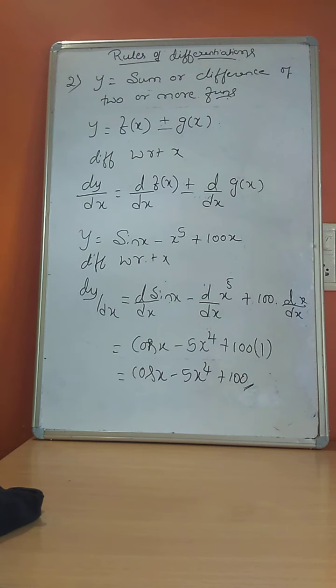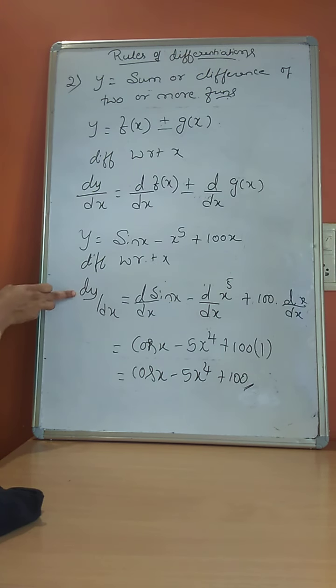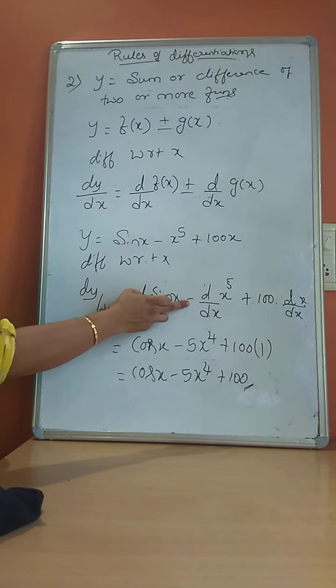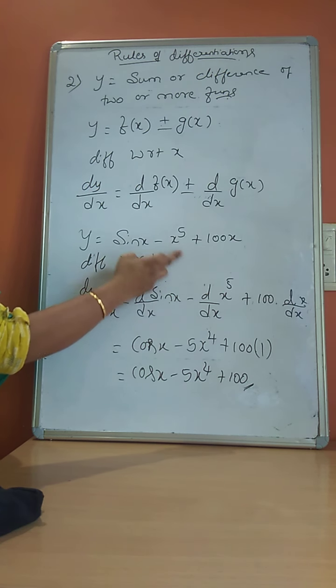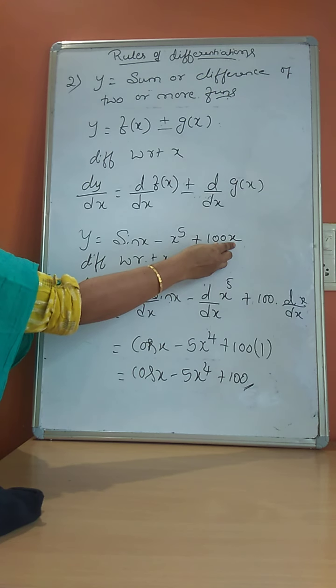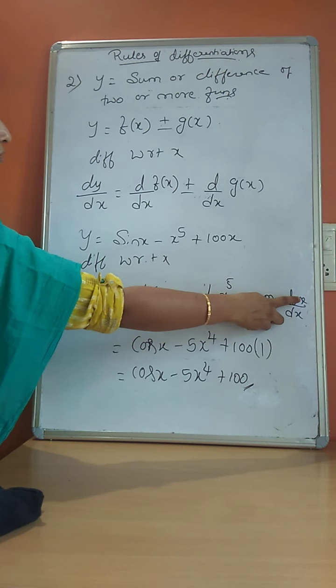Differentiate with respect to x. dy by dx is equal to d by dx of sin x minus d by dx of x to the power of 5 plus, here observe, a constant into function is there, keep the constant as it is, d by dx of x.